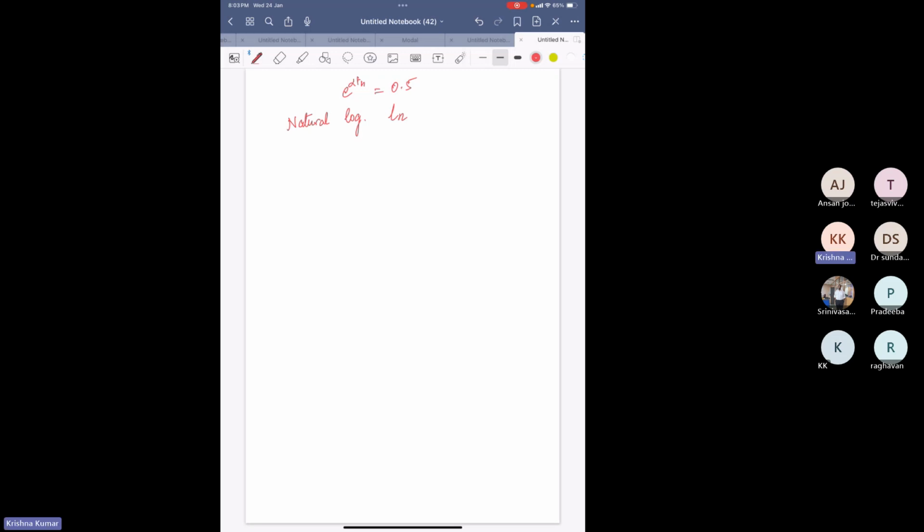Logarithms are written with a base, which is written here. For example, it can be logarithm with base e, which is usually written as ln. So for example, I have an equation of the form y is equal to e power x. What is actually a logarithm? Let's understand this carefully.